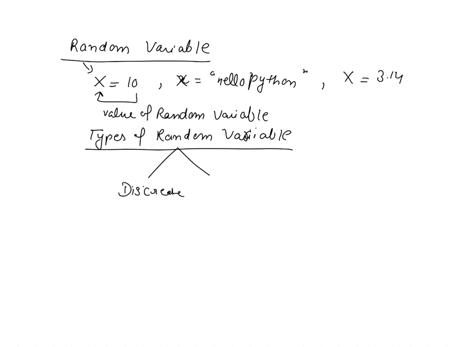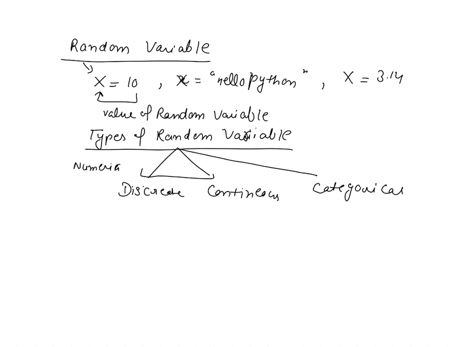Another is your continuous. Okay. And there is a categorical. These two, sorry, come under the numerical. Okay. So I will write down here numerical. So you have two types, numerical and categorical, and your numerical comes with two further data types, that is discrete and continuous.